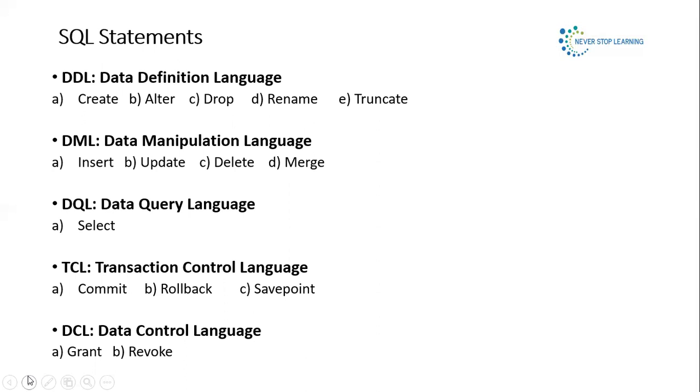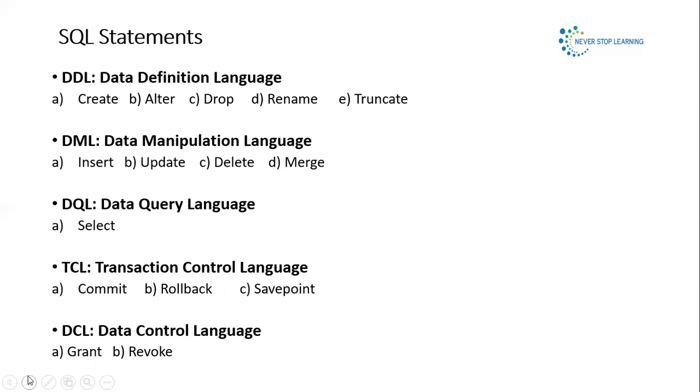The commands we are going to use are insert, update, delete, and merge. Next, we have DQL. DQL statements enable the user to query one or more tables to get information, and whatever information we want, we can fetch using DQL, that is, Data Query Language. We have only one query statement, and that is select.